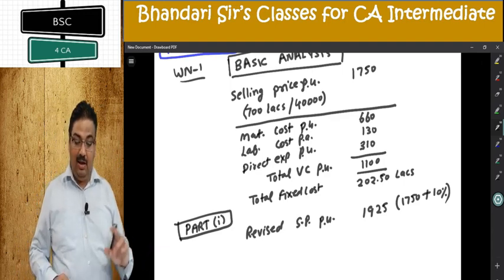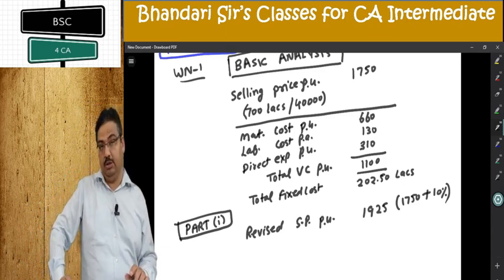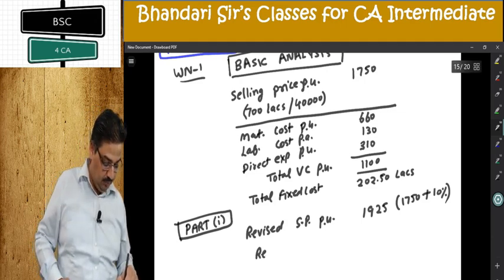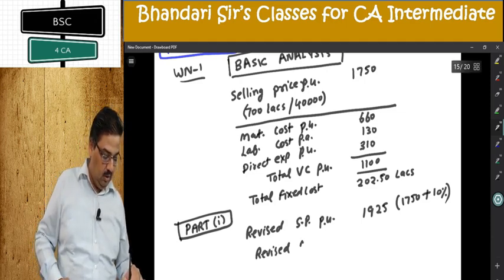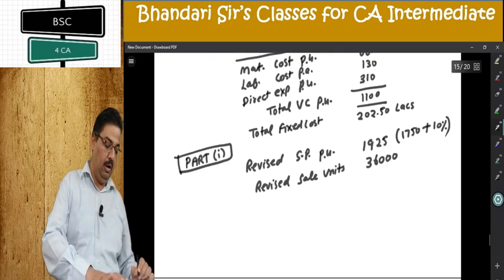With 10% reduction in sales volume, earlier volume was 40,000 units. Revised sale units: 36,000. Let us make the income statement now.